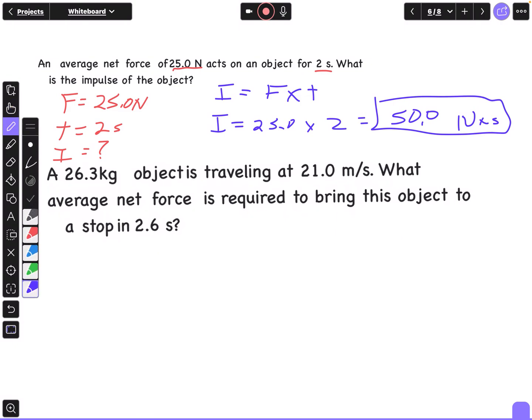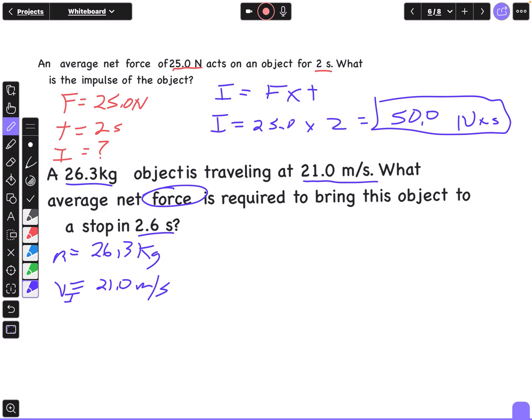Okay, next it tells me that I have a 26.3 kilogram object traveling at 21.0 meters per second. What average net force is required to bring this object to a stop in 2.6 seconds? So I'm given a mass, 26.3 kilograms, given a velocity, that's my initial velocity, of 21.0 meters per second.